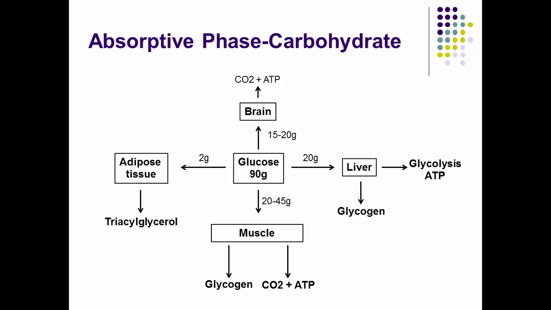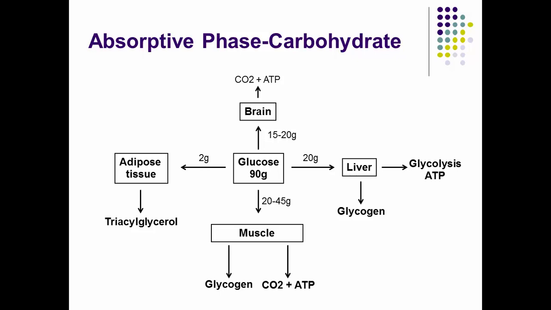And 20 grams of glucose go to the liver for glycogen synthesis, and also go to the glycolytic pathway to produce ATP. And again, here it is partially oxidized, right? I mean, in the liver, most of the glucose is converted to lactate and then converted back to glucose and stored as glycogen.